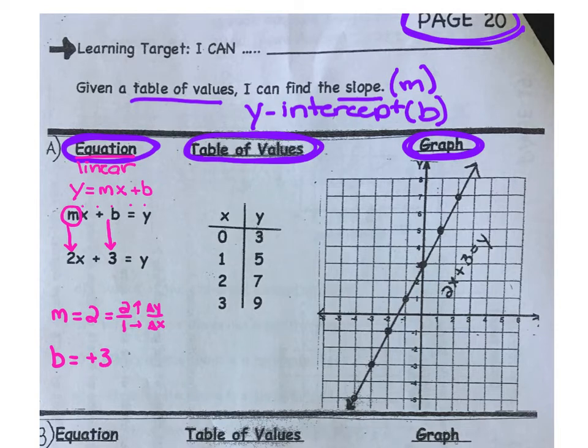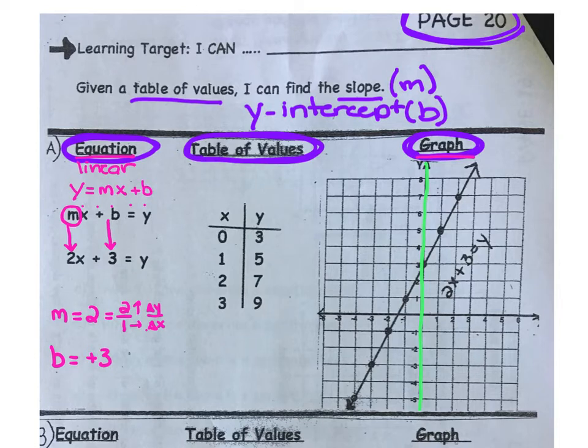That's easy to identify those two things when given an equation. But how do we do that when we're given a graph? For the graph we've been given, we can identify the intercept and the slope.